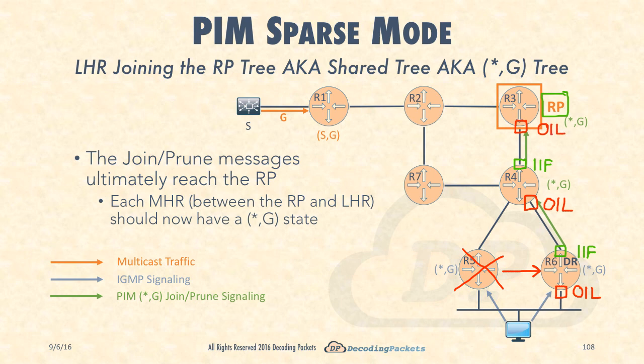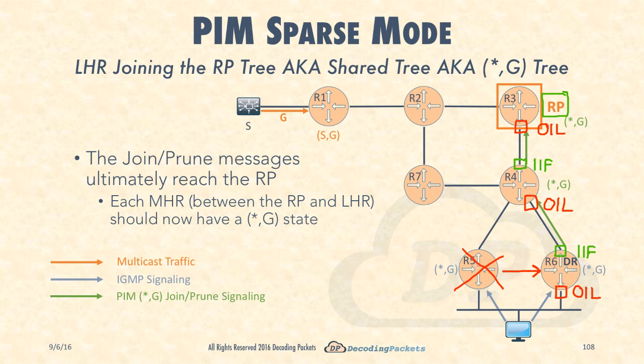And now, if you look at the RPT, the tree is complete from the RP to the LHR, or R3 to R4 to R6. And that's the star comma G join, helping the LHR to become alive on the RPT. So creating the RPT and also have the LHR be on that RPT successfully.